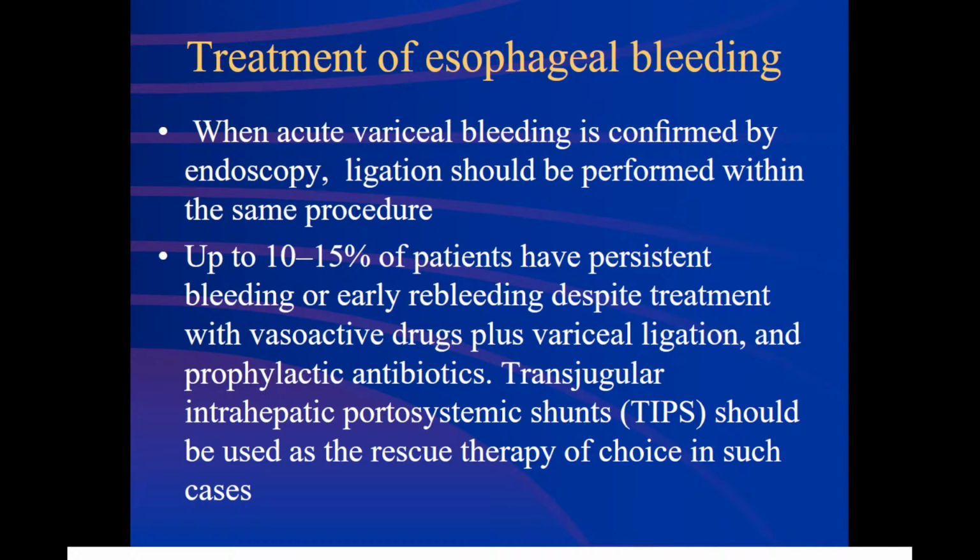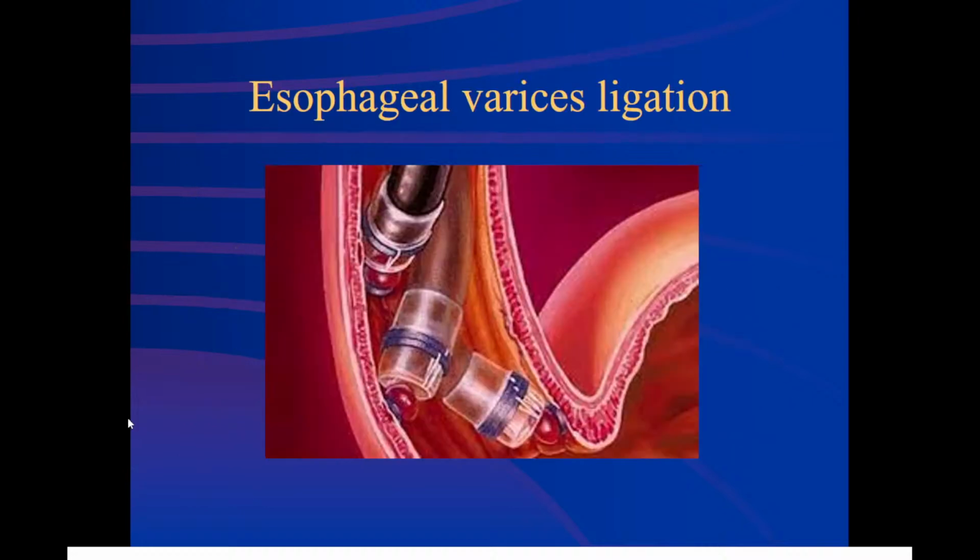No, it's only for your knowledge. It should be done in the hospital. If emergency conditions develop in the polyclinic and patient comes to you with bleeding, you have to hospitalize him as soon as possible for endoscopic ligation and for treatment in emergency care unit.